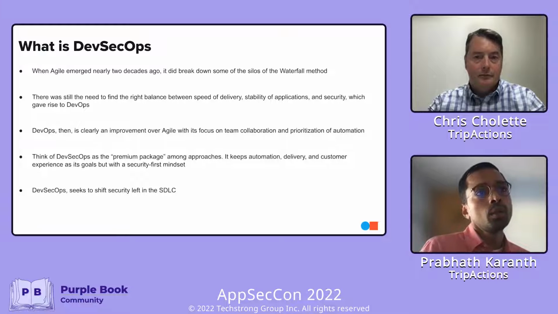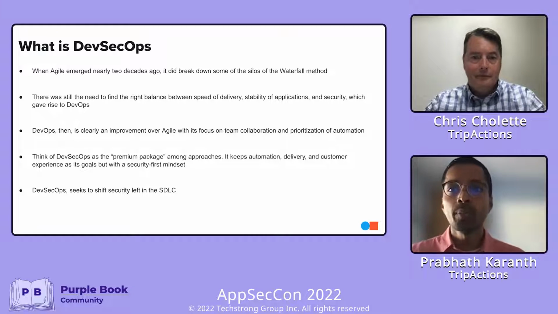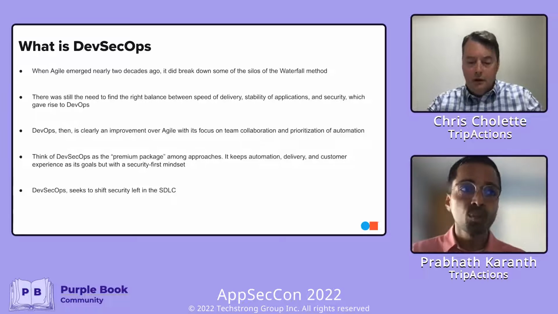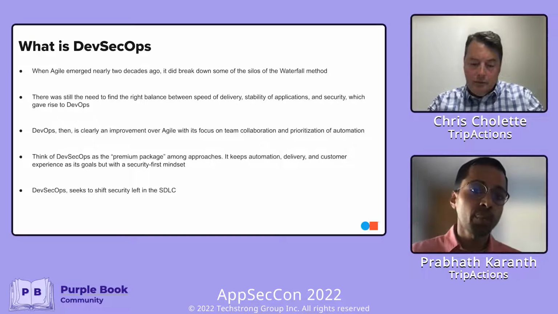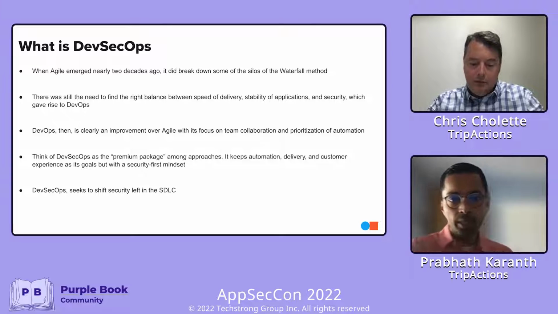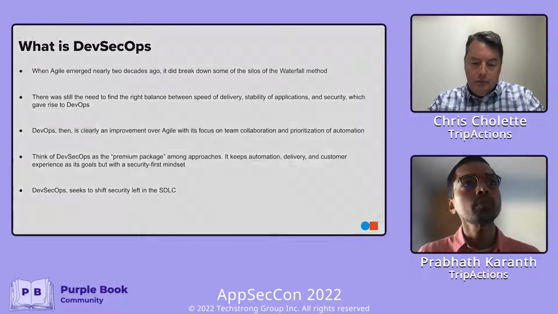Then think of DevSecOps as a premium package over DevOps. It keeps automation, delivery, and customer experience as its primary goal, but with a security-first mindset. And it really seeks to shift security to the left of the development lifecycle. Today we're going to talk about some pragmatic applications of this concept and how it can be done in a very frictionless manner.